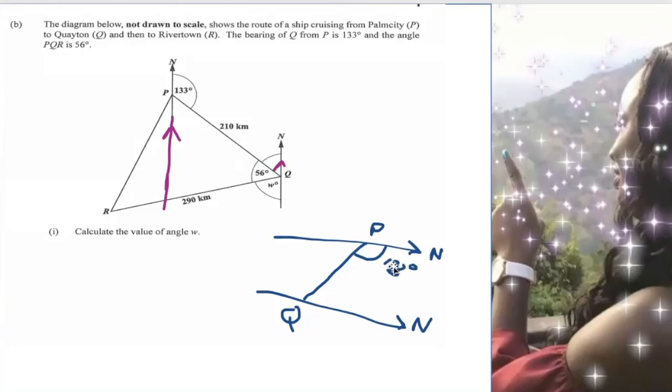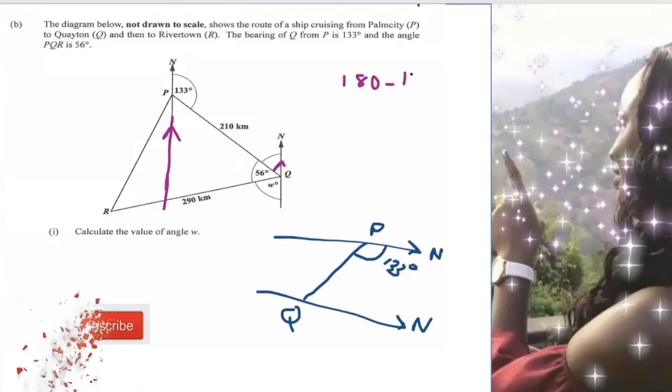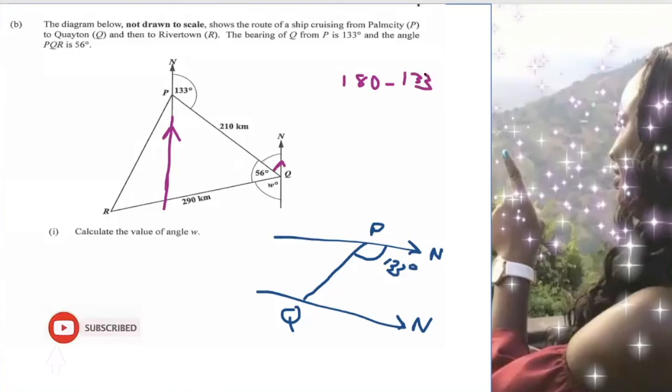So if this is 133, then to get this side, I will have to say 180 minus 133 degrees. So this will give me 47 degrees. So this tells me that right here is 47 degrees. Now, why do I need this information?